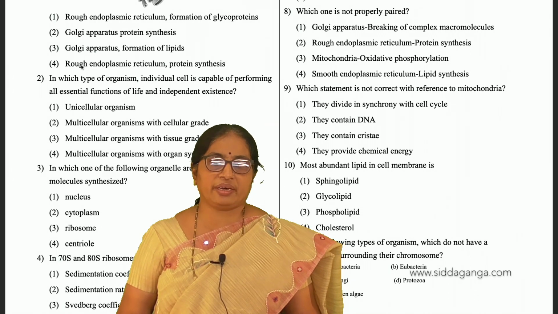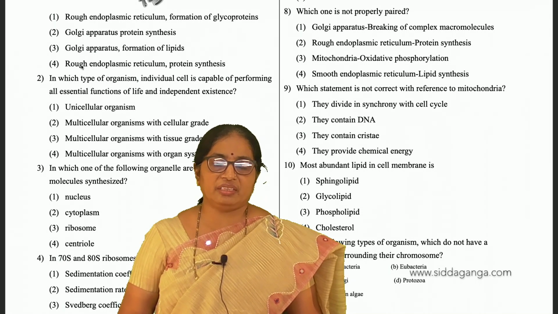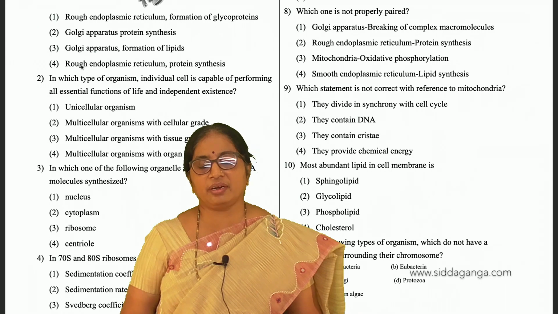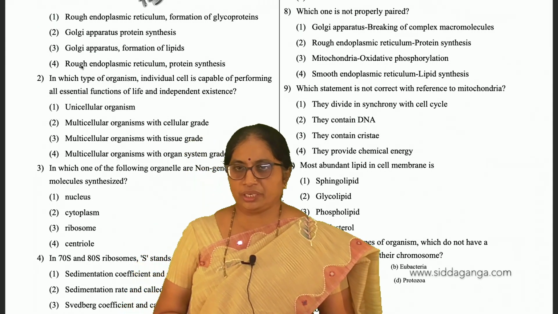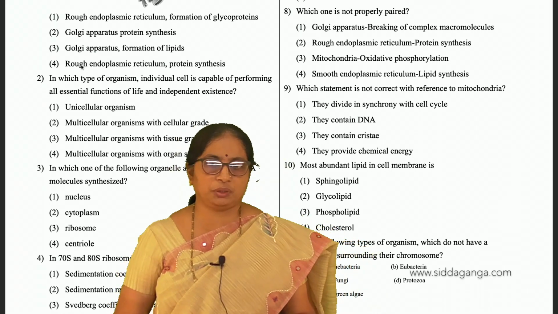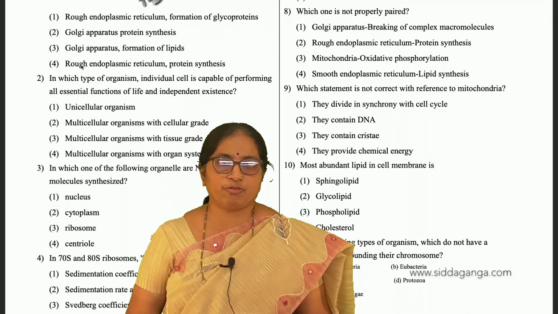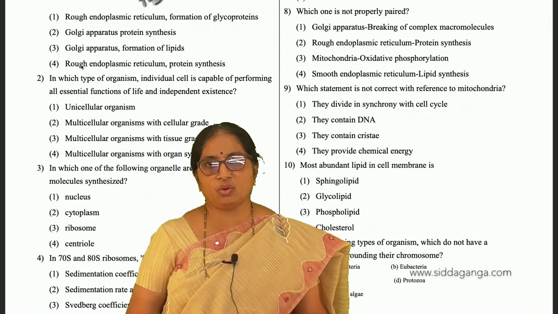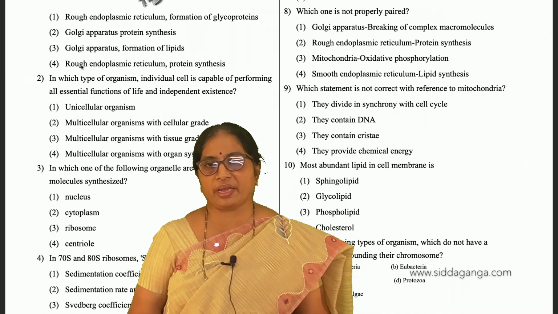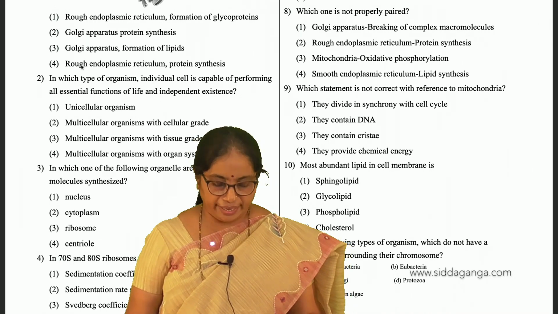So it is also a correctly matched pair. And the fourth, smooth endoplasmic reticulum and lipid synthesis, is also the right function of SER. Therefore, the right answer is option 1, Golgi apparatus breaking of complex macromolecules is a mismatch. Next question.